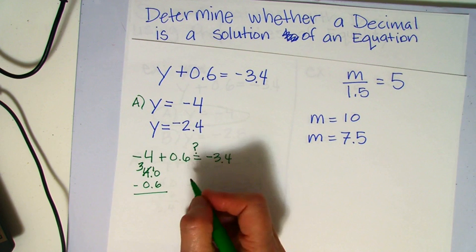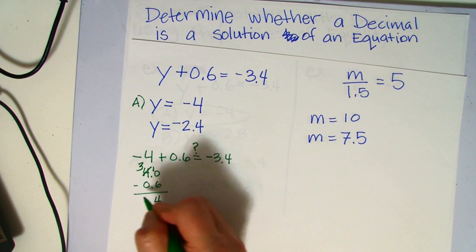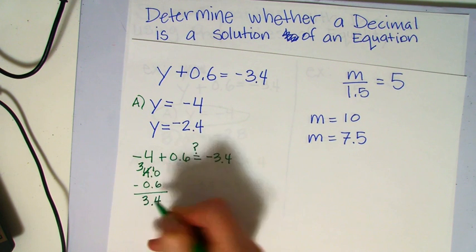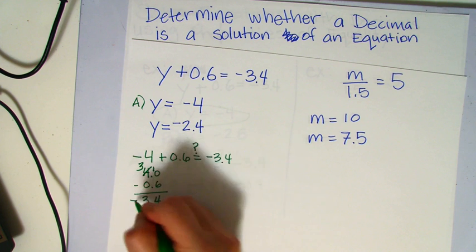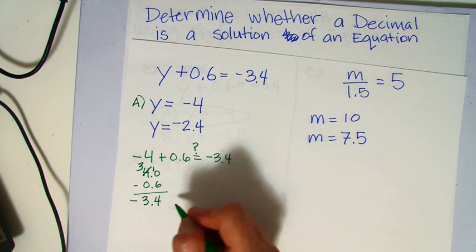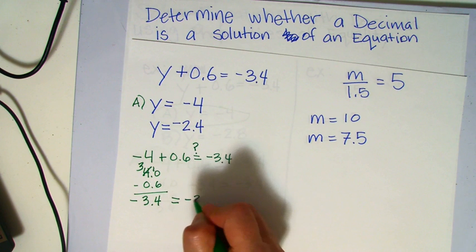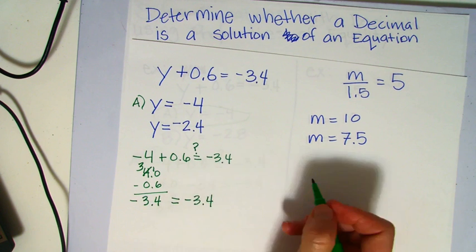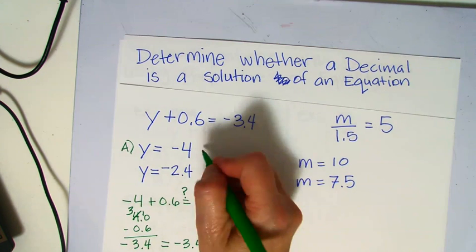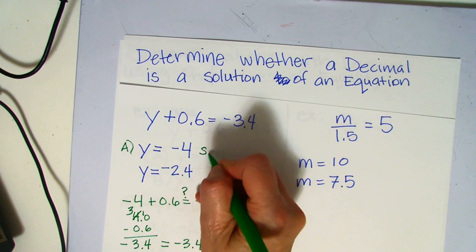Four take away 0.6 is going to be 3.4, or a -3.4. That actually equals -3.4. So y equals -4 is the solution.